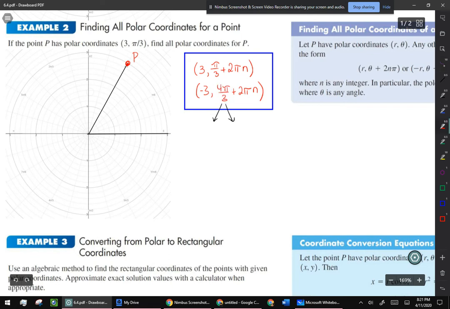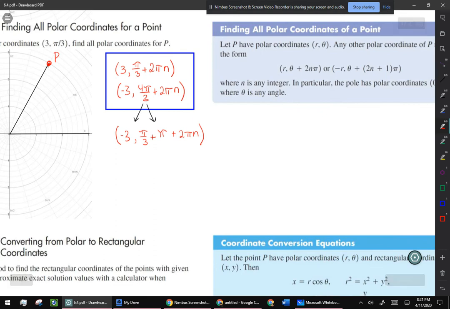So let's write that. So it's negative 3, comma, pi over 3 plus pi. And then you're going to say plus 2 pi n. And in this case now, if you take a look, what they did over here is they basically factored out the pi.